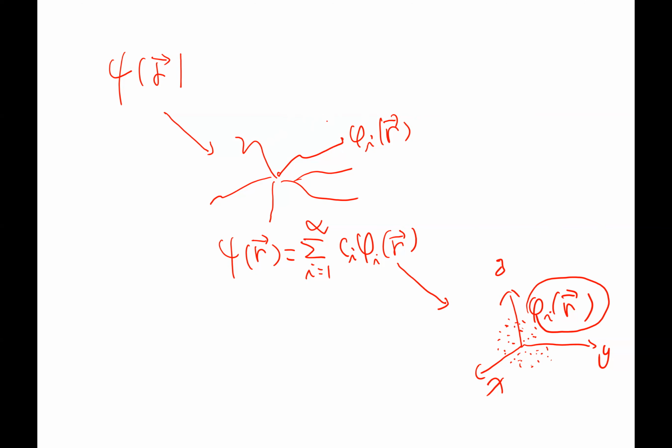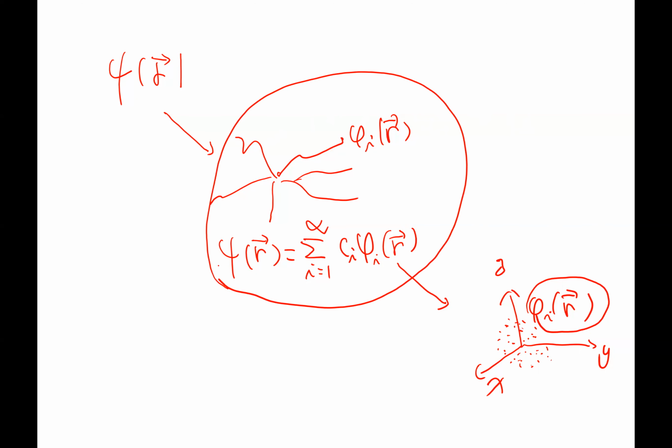You move on to this, and then you can see that each state can be expressed as a combination of this phi I. So this means that in principle, you can directly express this in the XYZ coordinate system, right?